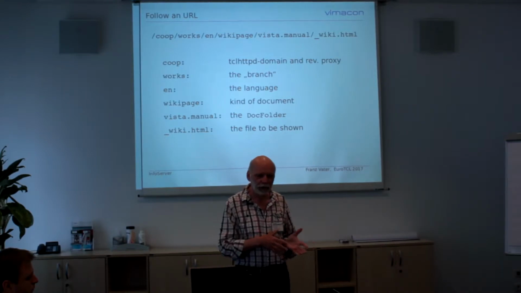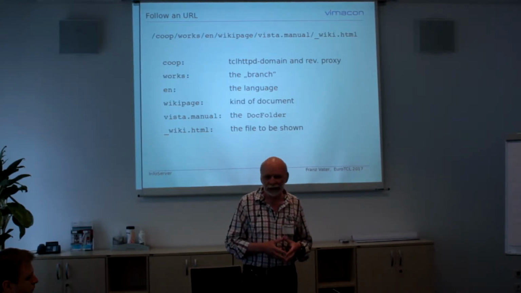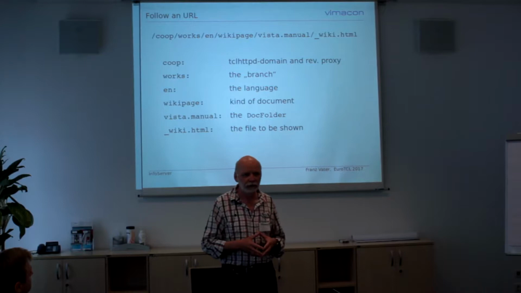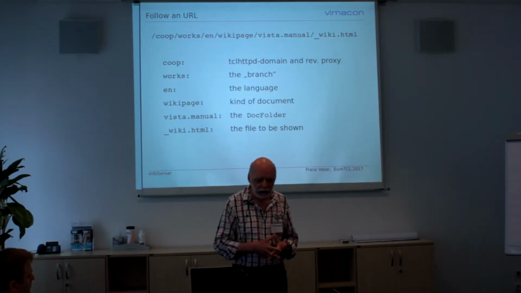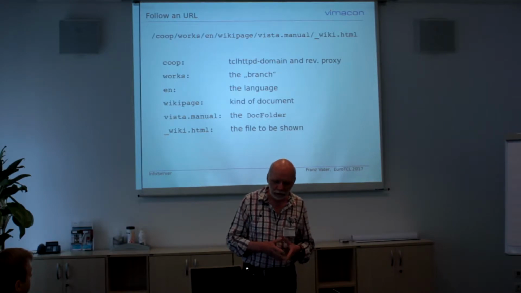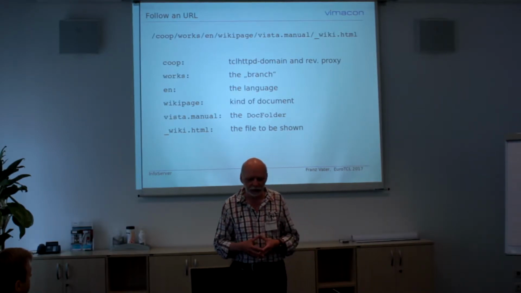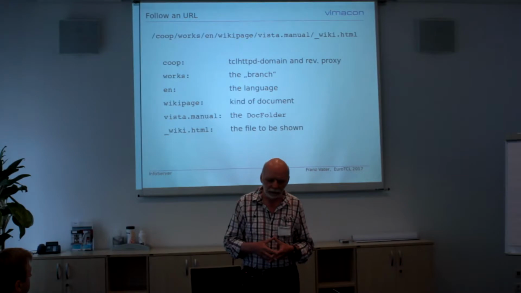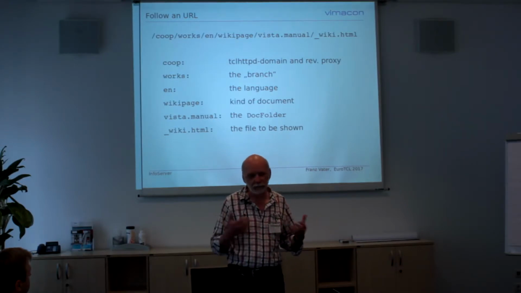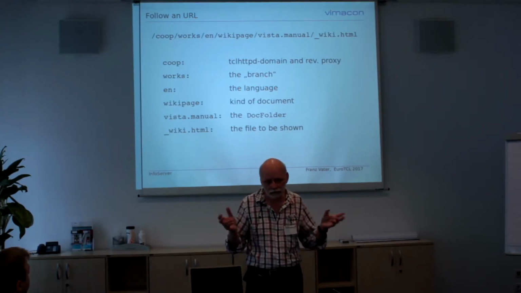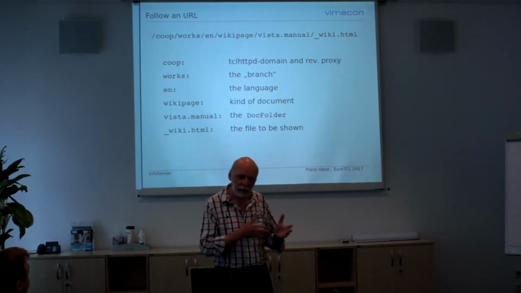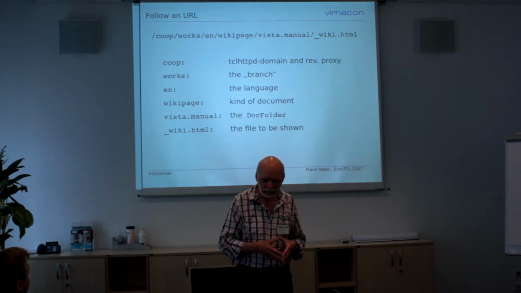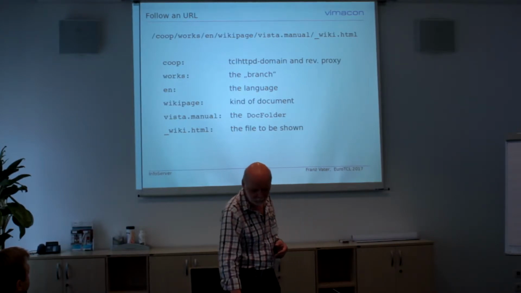The second component, named works, is something I call branch. We could of course have more than one branch, and then comes the language ID. The wiki page is just a name. It's a kind of your document. You can call it as you want. And Vista Manual, in this case, is the name of the doc folder.